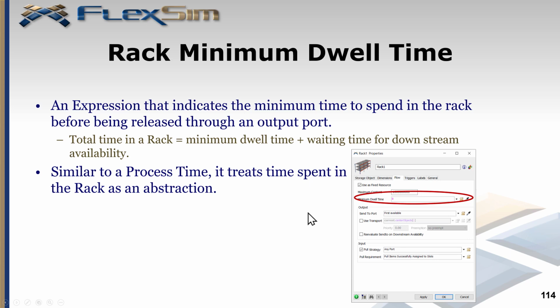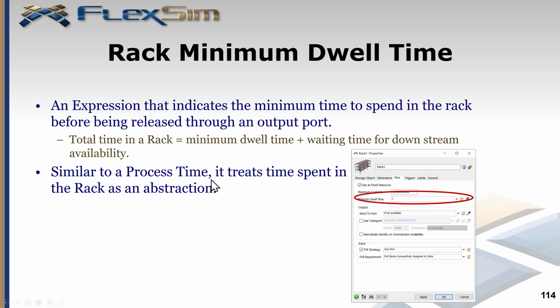In a more realistic warehousing model, we would typically simulate some kind of demand that calls for items to be pulled from the rack. But in this next training model, the items will simply be released to leave the rack after spending a minimum dwell time.